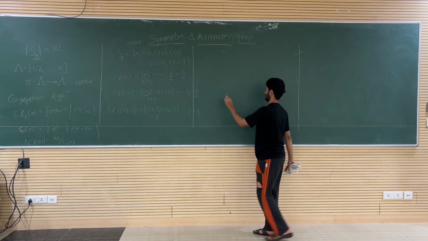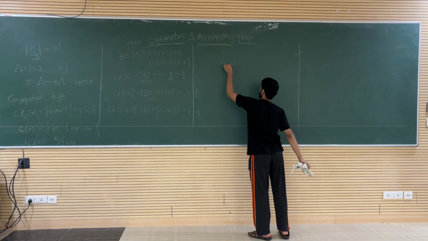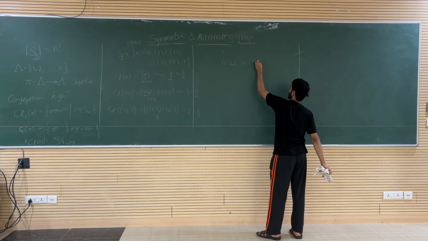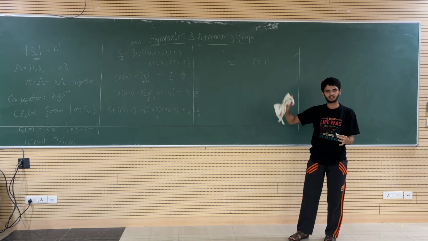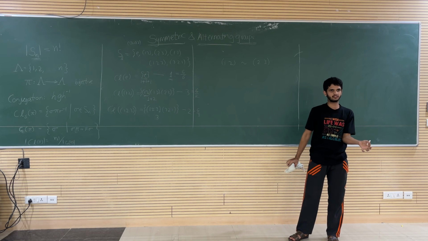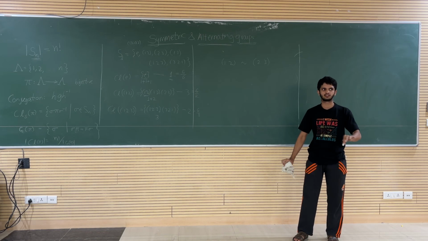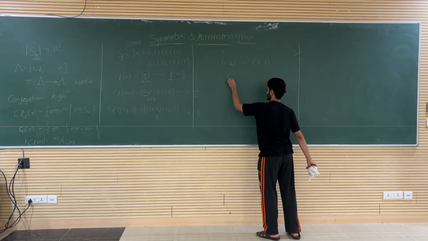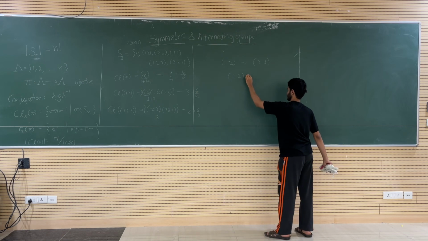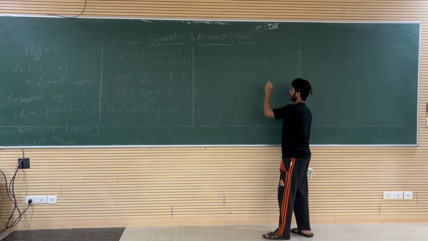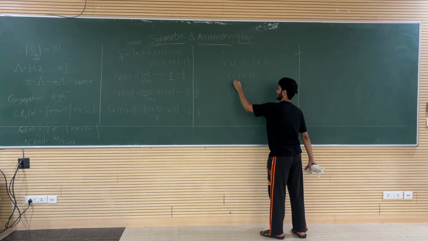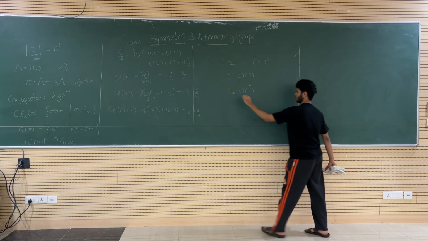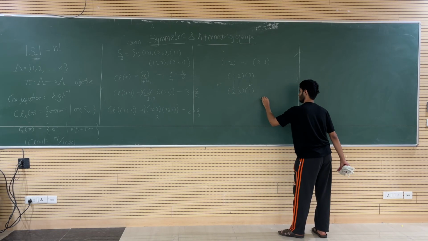Now let's find the conjugating element for some examples. Only for 2 examples we will do. Take (1 2) and (2 3). You know that these two are conjugates, but via what element? How can you find that? I told you a trick also, how to find the conjugating element. Write its cyclic structure: (1 2) is not enough, you need to write 3 also. Write (2 3) also, and you write 1. Send this to this, this to this, this to this. That you call sigma.